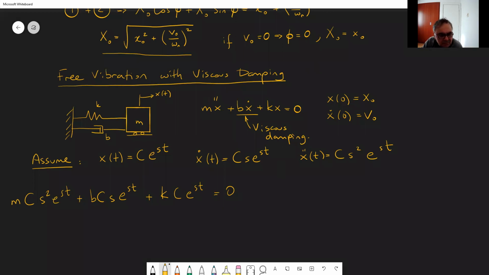Or you can, well, c is common. What you can do is divide everything by m. So you get something like this: c times (s squared plus b over m s plus k over m) e to the st equals 0.